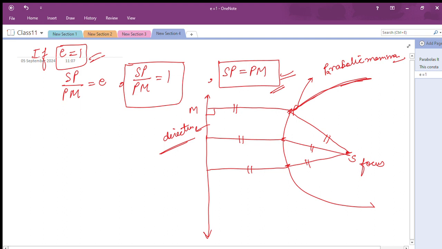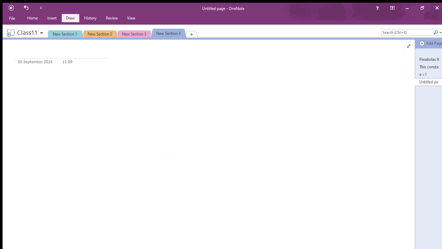So now we will understand how to get the general equation of the conic.